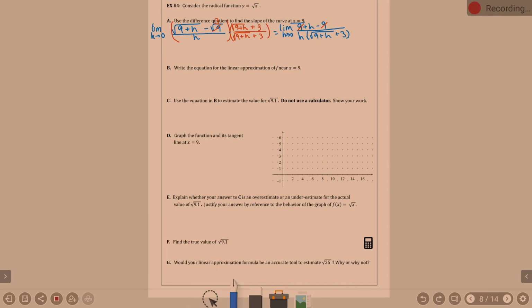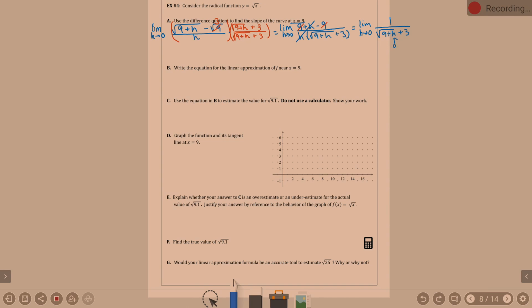And so if I go ahead and cancel the h's, I'm going to be at the limit as h approaches 0 of 1 over the square root of 9 plus h plus 3. Yep. I can't do anything else to simplify, so we should be ready to plug it in.